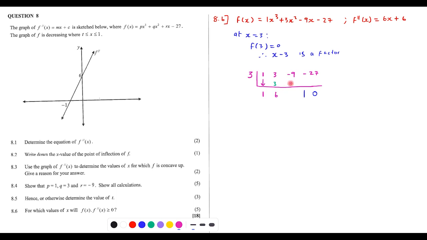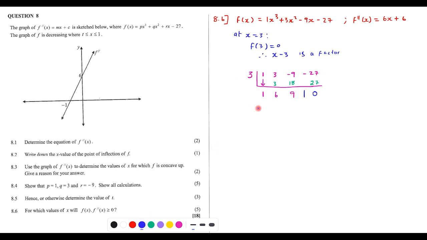So let me put an 18 there, and then add the two numbers. Minus 9 plus 18 gives me 9, and then 3 times 9 is going to be 27, and then minus 27 plus 27 becomes 0, right? Now you can see I achieved my 0.